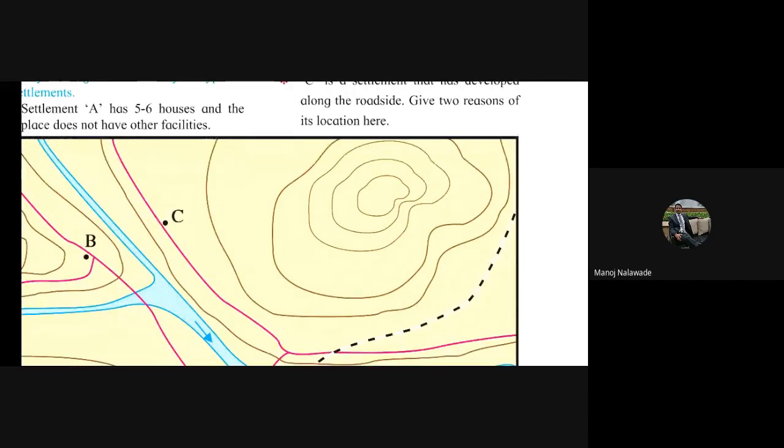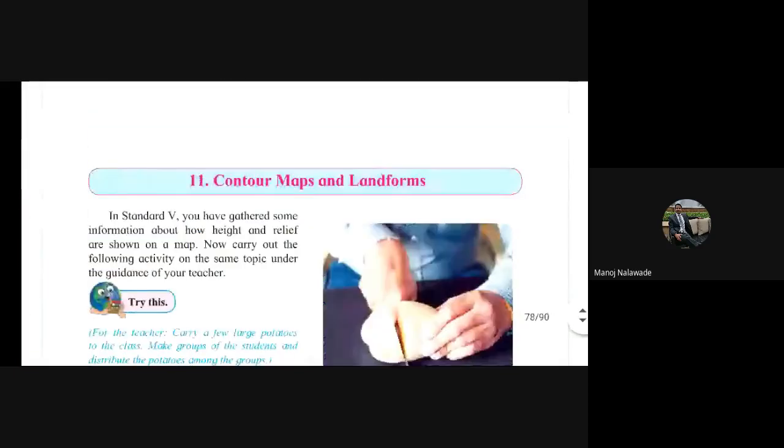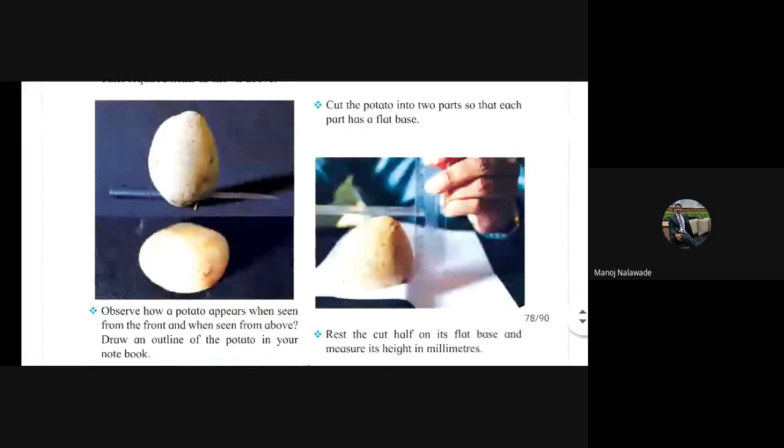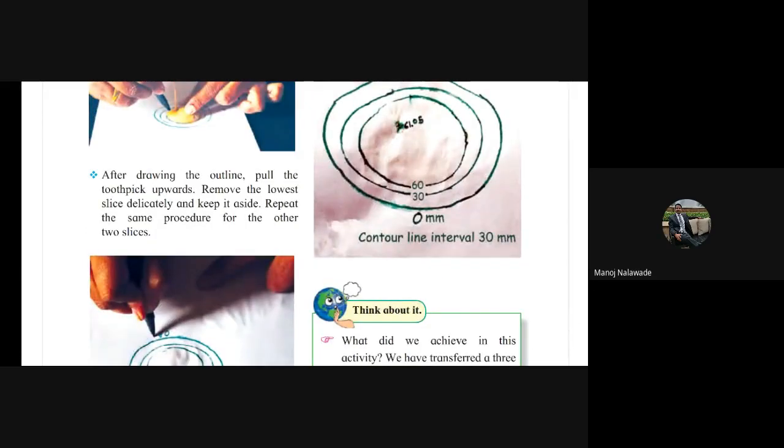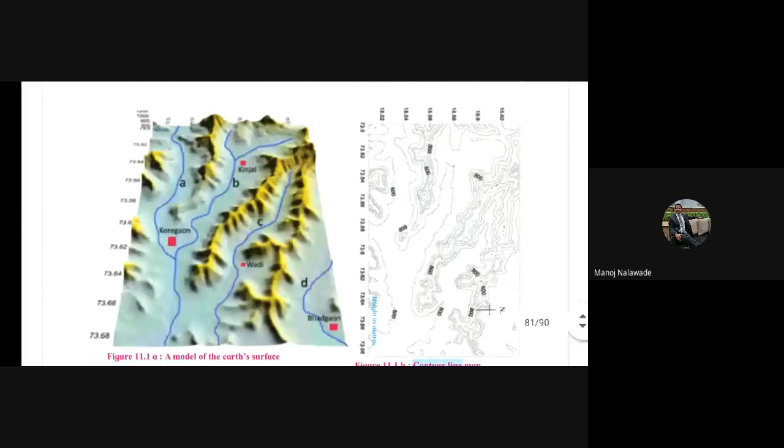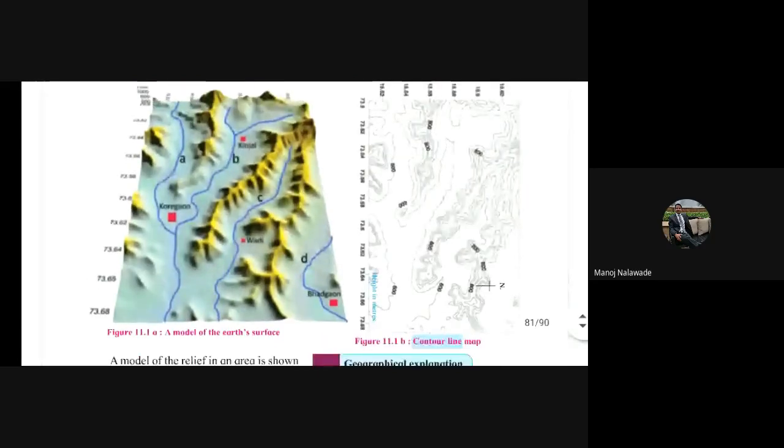Okay, so basically from these contour lines, contour maps and landforms, we are going to study the same concept, how these things are shown on paper. Contour line interval 30 mm. Okay, look at figure 11.1a.